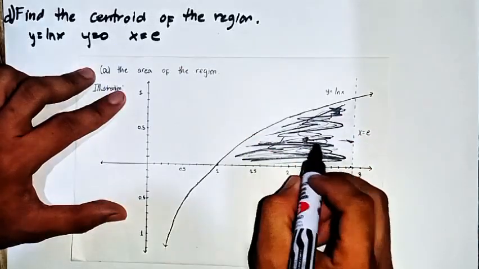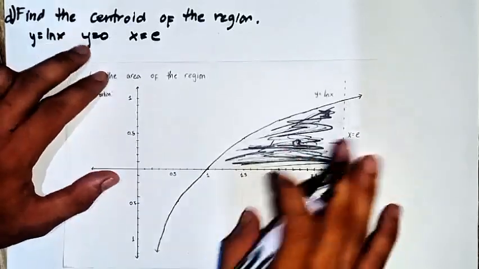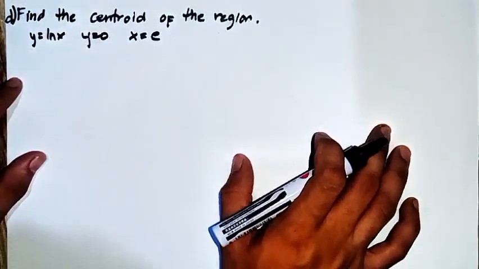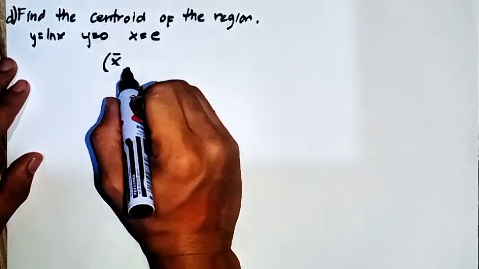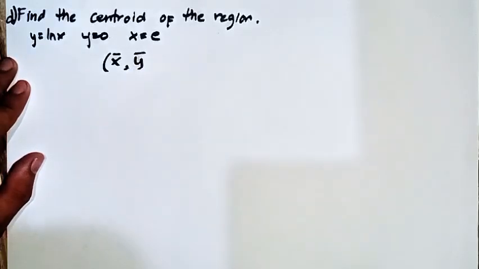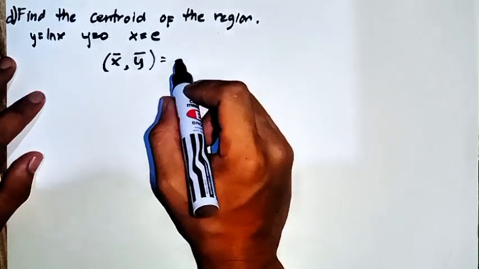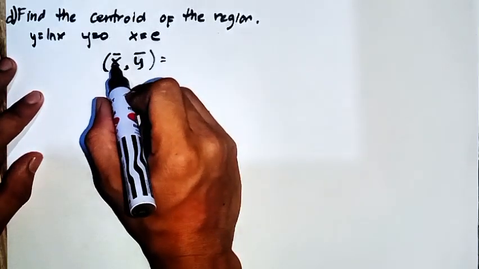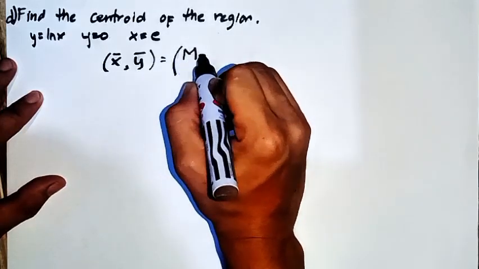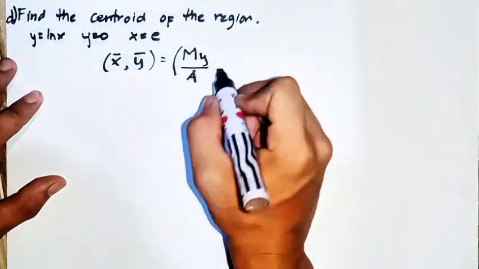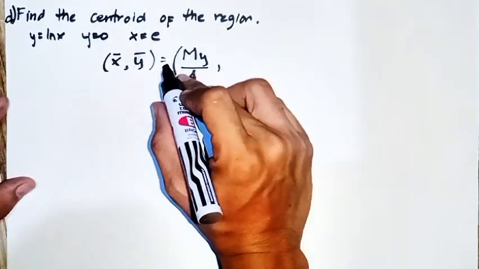Now let's find the centroid, or the center of the region. Let's have a formula. The centroid is the mean of x, or the x coordinate of center of mass, and the mean of y, or the y coordinate of center of mass.